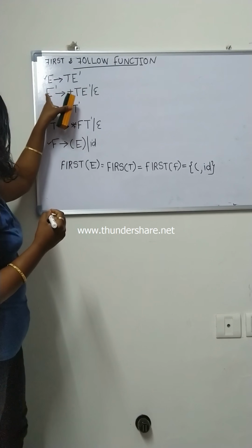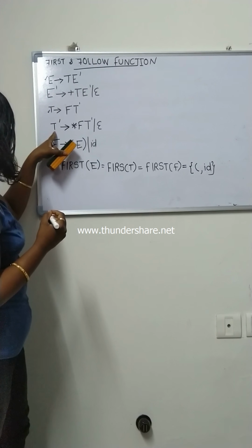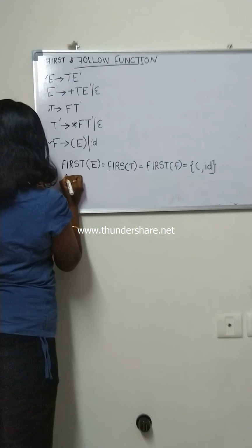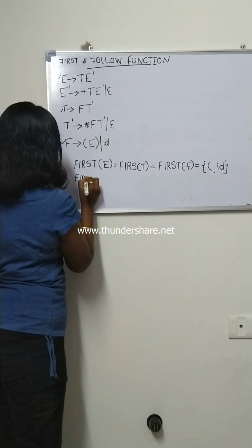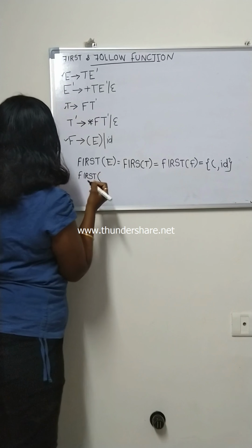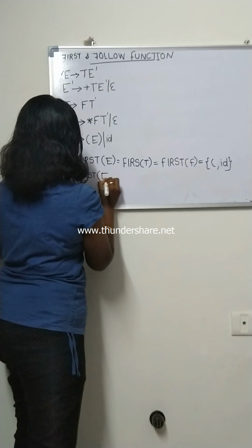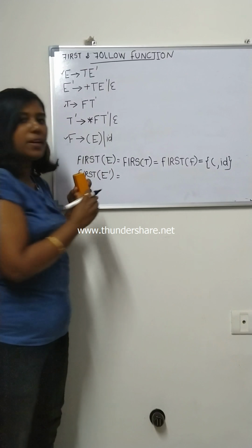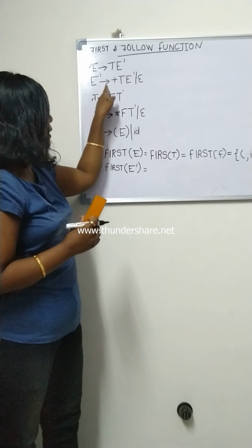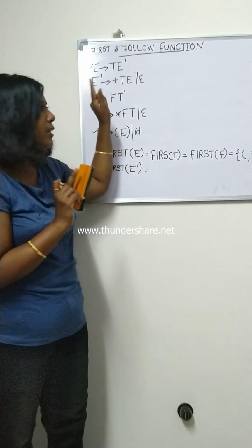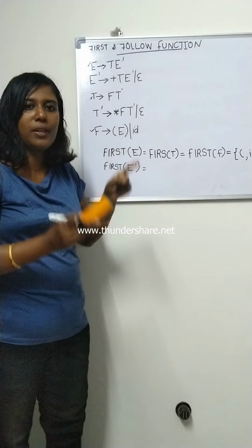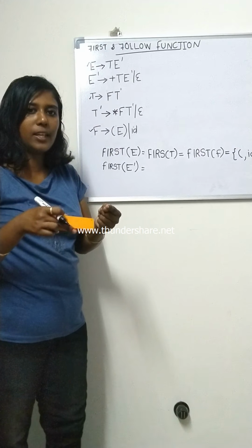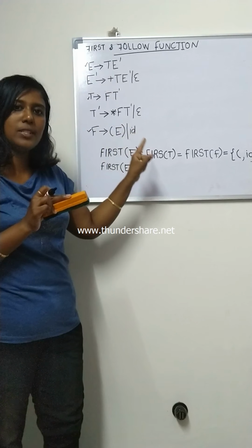Now we want to find for E dash as well as T dash. So now we are going to find first of E dash. Always for finding the first function, we look at the first character after the arrow. If it is a non-terminal, we repeat again and again, and if it is a terminal, we stop there.